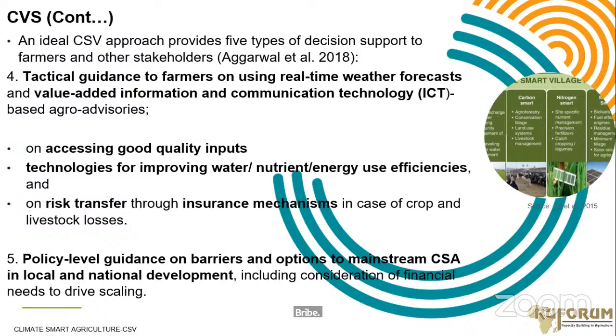This is one aspect that is very important, and it is basically informed by the evidence created from the climate smart villages, aimed at informing decision makers.